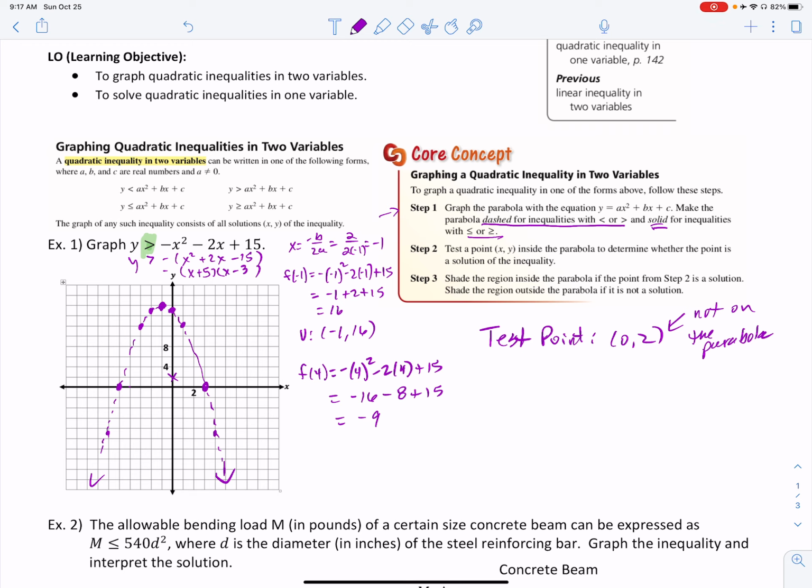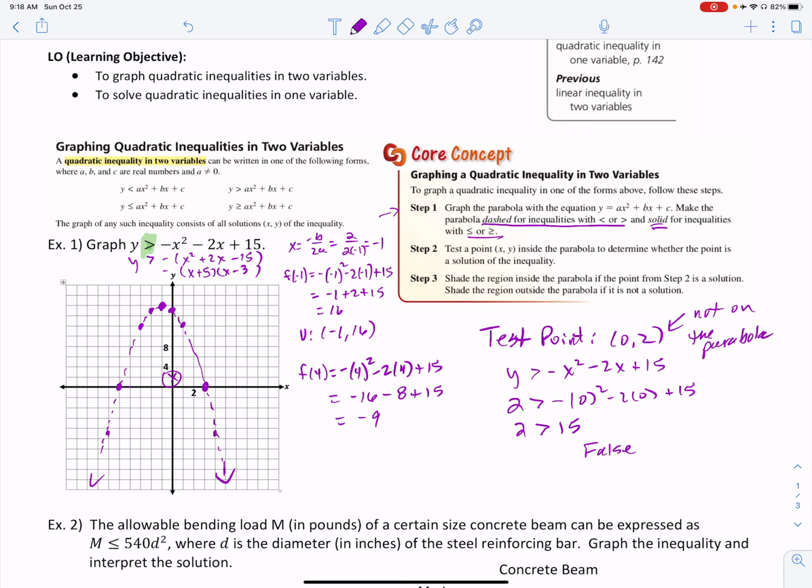And then we're going to plug it into that original inequality. And so the y value of 2 when x is 0. It's kind of nice to use an x value of 0 here because things calculate out so nicely. Is 2 greater than 15? That is a false statement. That means that this point is not a solution.